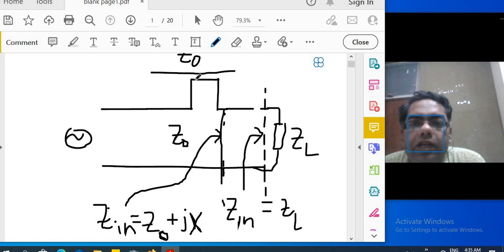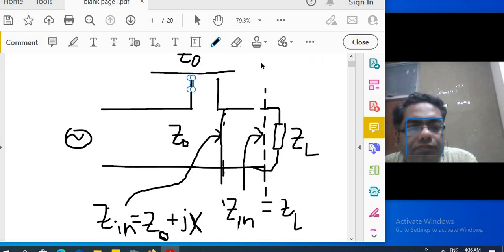Now this other end can be short circuited or it can be open circuited. I can leave it open like that, or I can put a short here.